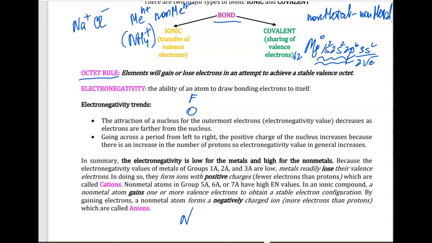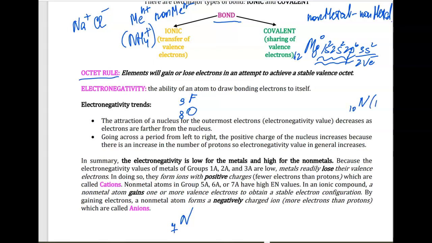Let's start with fluorine. The atomic number of fluorine is 9, of oxygen is 8, and of nitrogen is 7, and the nearest noble gas for them is the same. It's neon with atomic number 10.